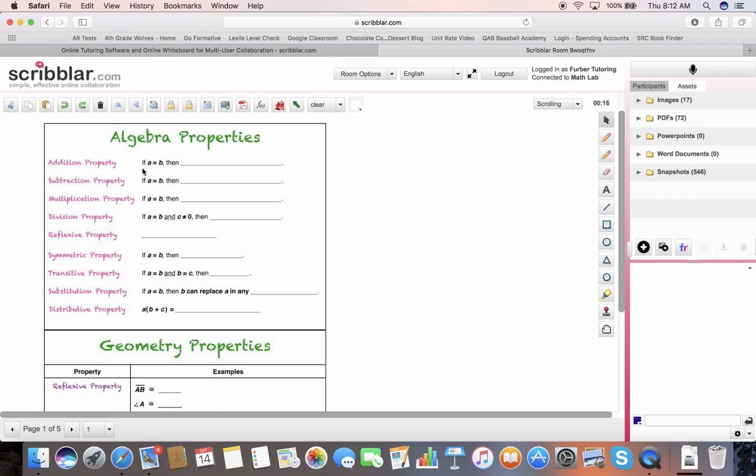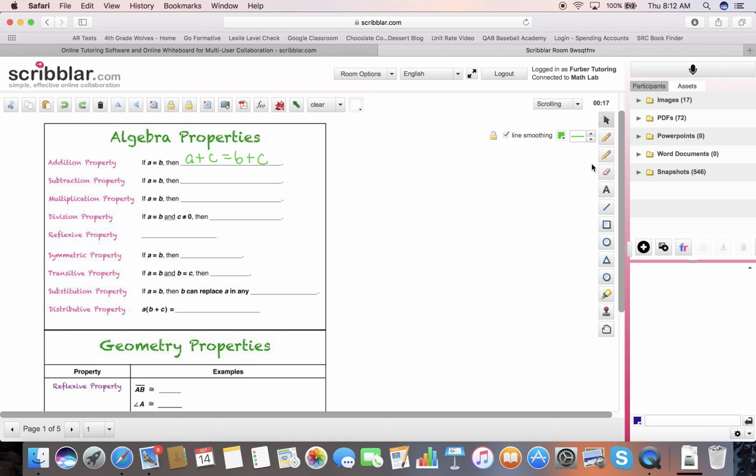It just simply says that if A equals B, if I have an equation, one side is equal to the other, then adding the same thing to both sides of the equation keeps the equation balanced. So if I had something like this, and I had to add the same thing to both sides to solve it, then I would arrive at x equals 10 from this by using the addition property of equality.